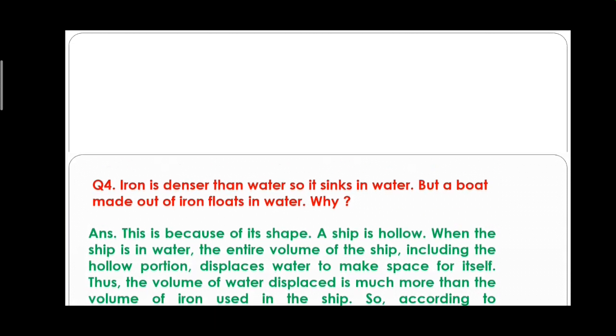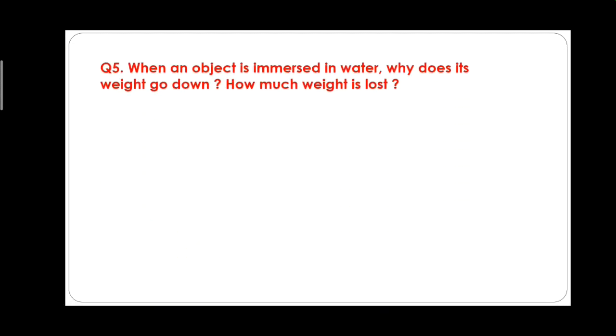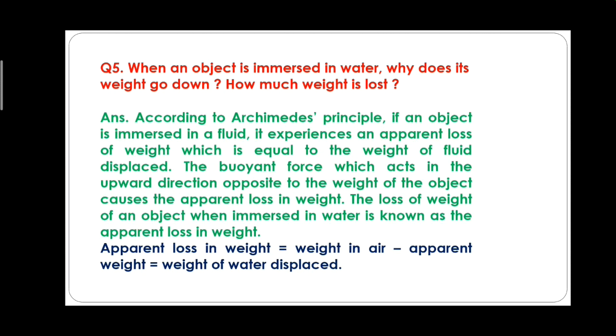Next question. When an object is immersed in water, why does its weight go down? How much weight does it lose? Answer. According to Archimedes' principle, if an object is immersed in a fluid, it experiences an apparent loss of weight which is equal to the weight of fluid displaced.